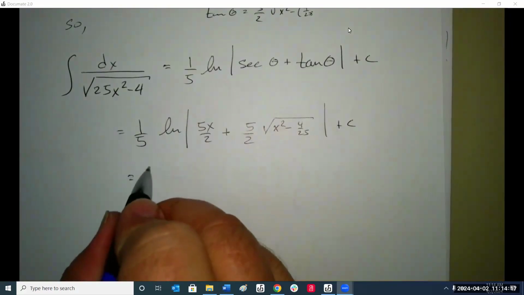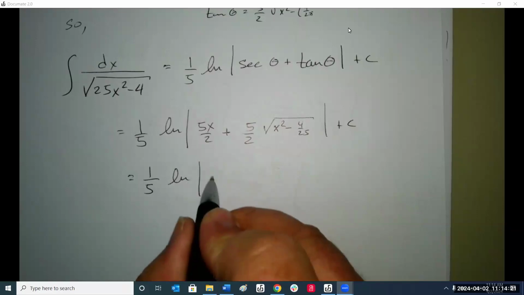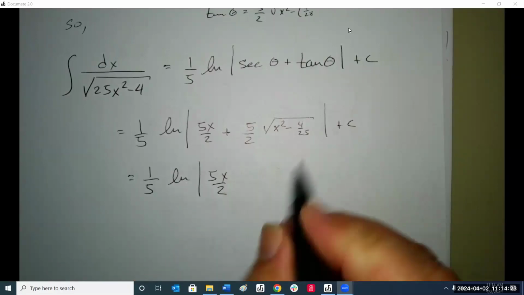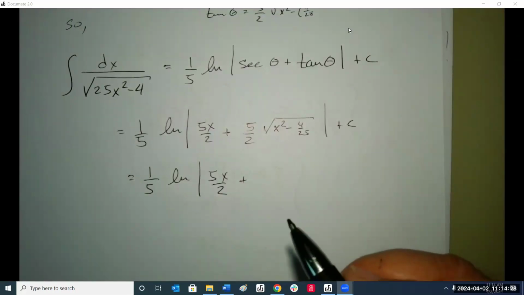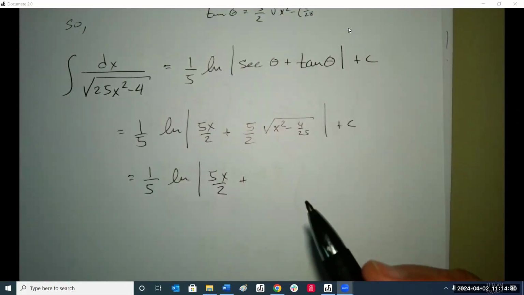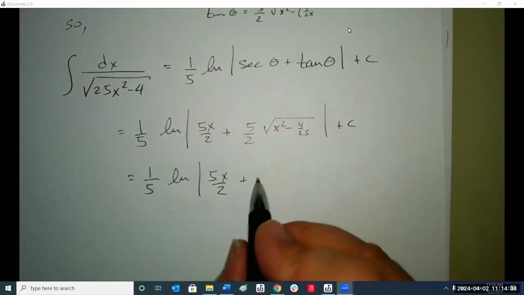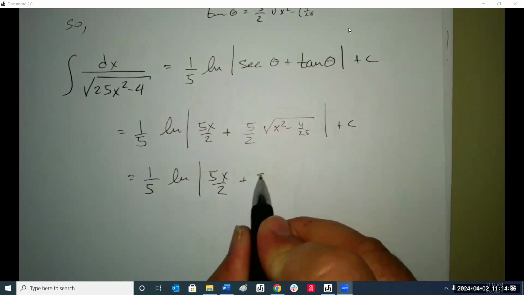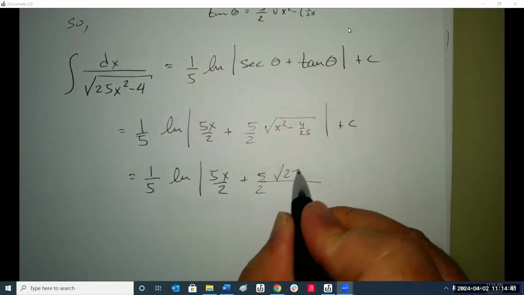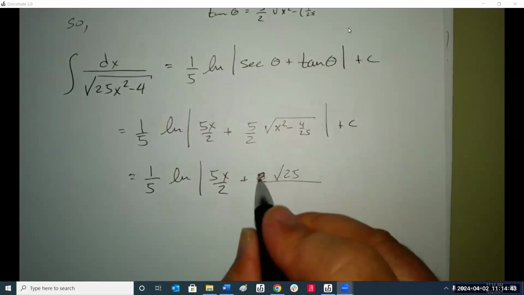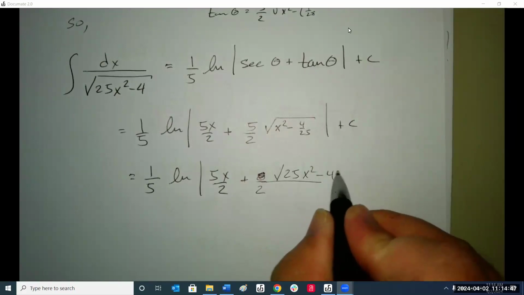That gives back to our original equation. Oh yeah, because that became part of that. 25 x squared minus 4.